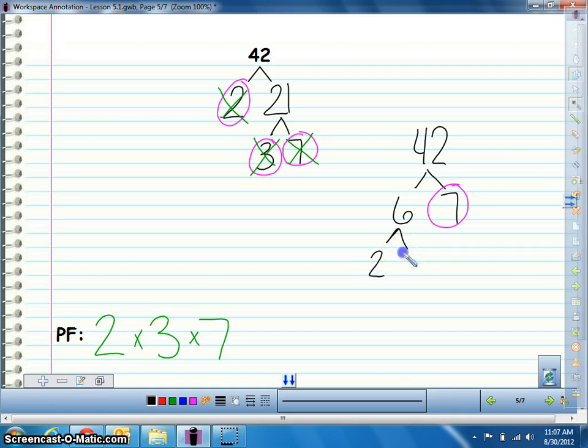So we go 2 times 3 here, and voila, we're at a 2, a 3, and a 7. Just like we were over here, we get the same thing. So no matter what route you take, as long as your math is correct, you'll end up with the same exact prime factorization. So the prime factorization for 42 is 2 times 3 times 7.